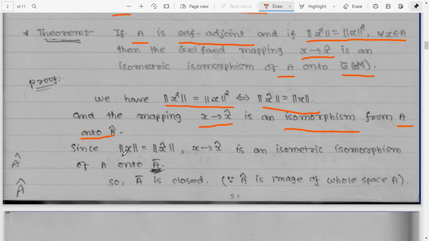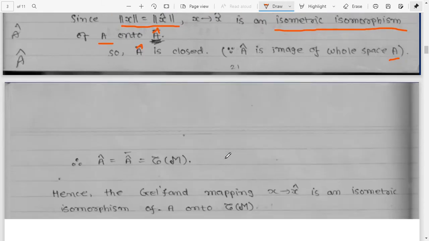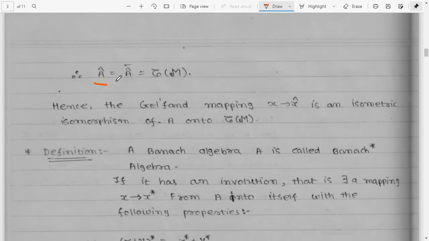Since norm x is equal to norm x cap, the function x to x cap is an isometric isomorphism of A onto A cap, and so A cap is closed because A cap is the image of the whole space A. So A cap is equal to A cap conjugate, which is equal to C(M).